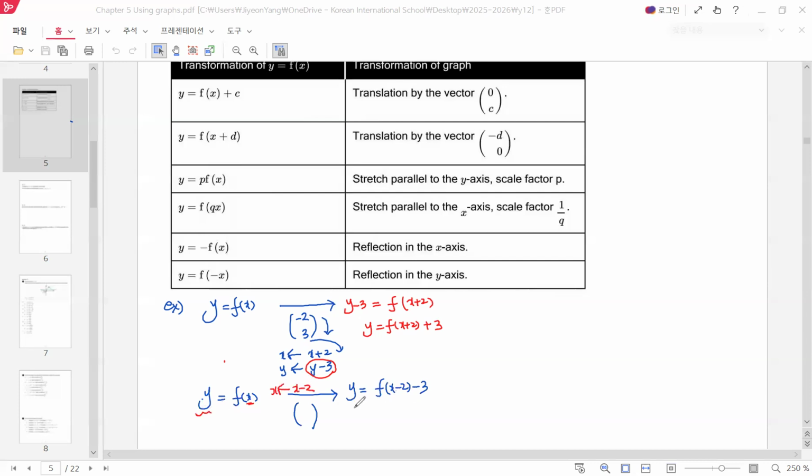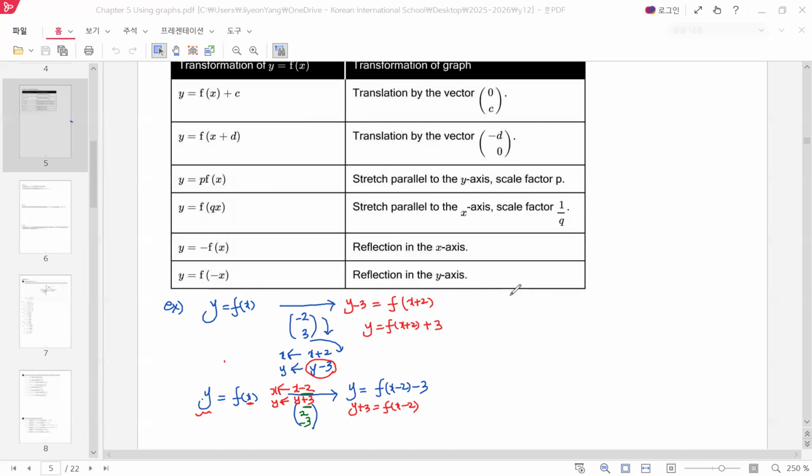Instead of y, actually, you can write it as y plus 3 equals f(x minus 2), right? Then instead of y, it is written as y plus 3. Then the translation vector is, change the sign, minus 2 is 2, plus 3 is minus 3. And this is the translation vector.